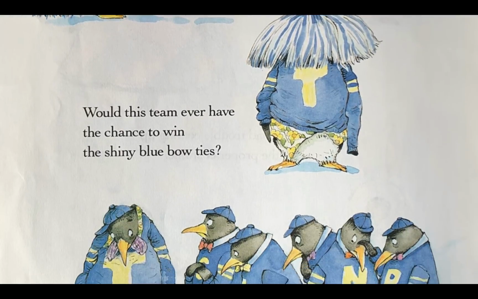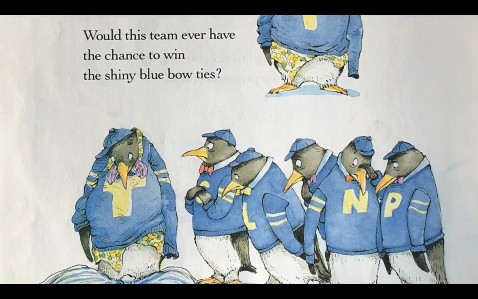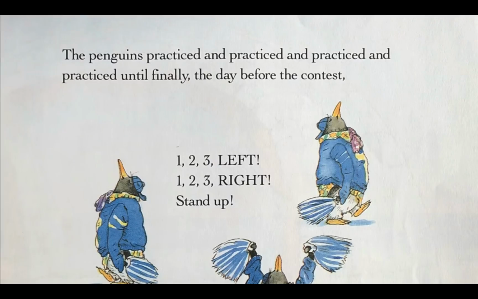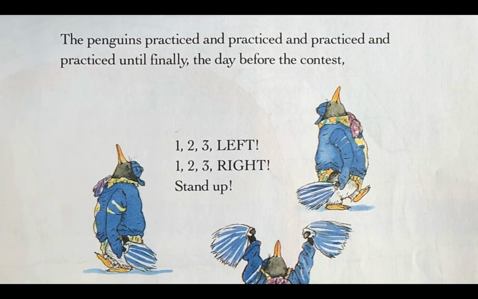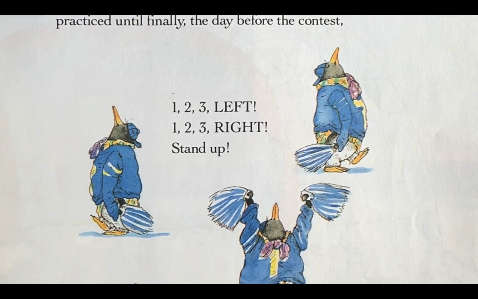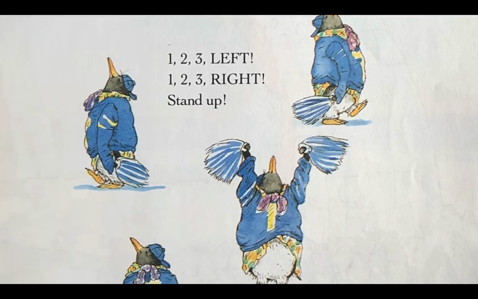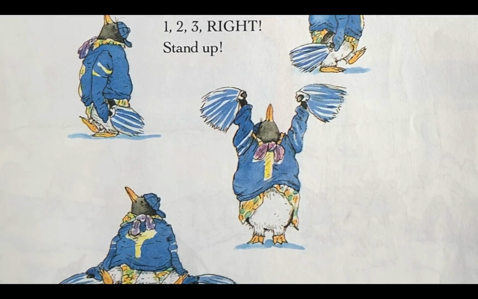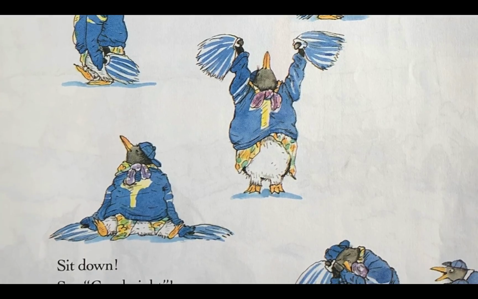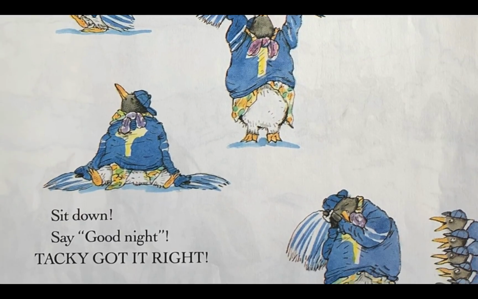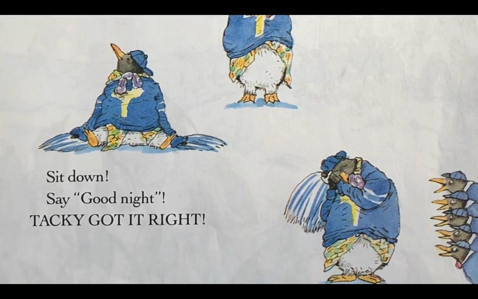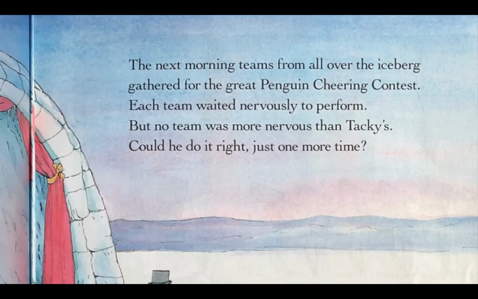Would this team ever have a chance to win shiny blue bow ties? The penguins practiced and practiced and practiced until finally, the day before the contest, 1, 2, 3, left. 1, 2, 3, right. Stand up, sit down, say goodnight. Tacky got it right.